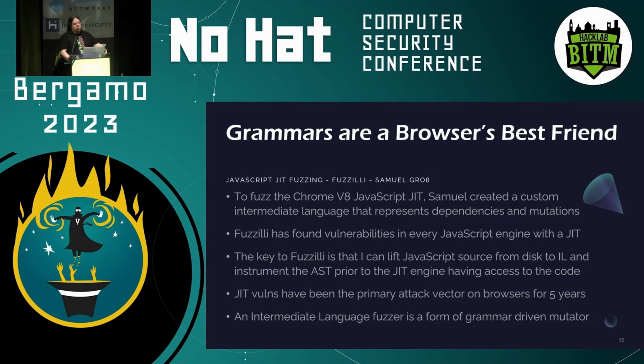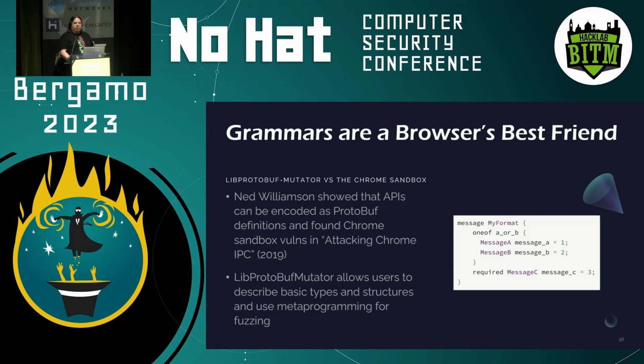And then developments beyond that. Now there's Fuzzilli, which is a fuzzer that is specifically for JITs, and it mutates the intermediate language representation before it gets JITted. A very complex but powerful approach. And if you're targeting something that has protobuf as a serialization layer, then there's an adapter to libFuzzer that will automatically be able to fuzz protobuf definitions.